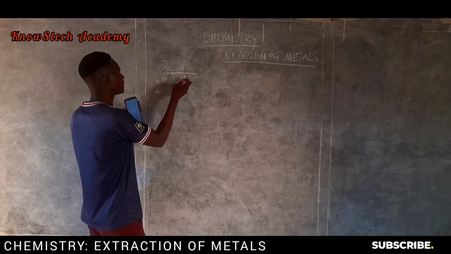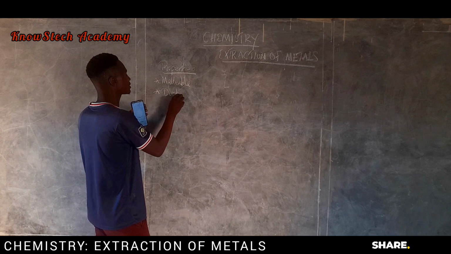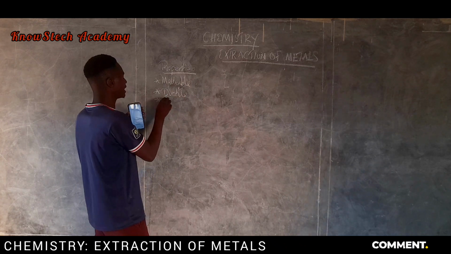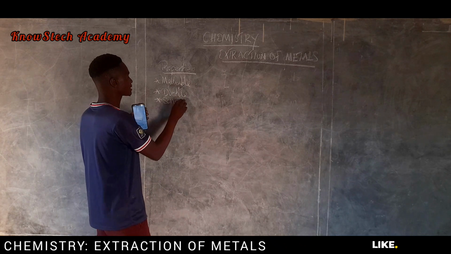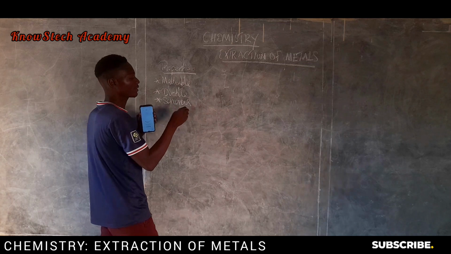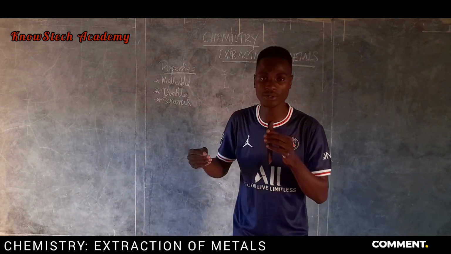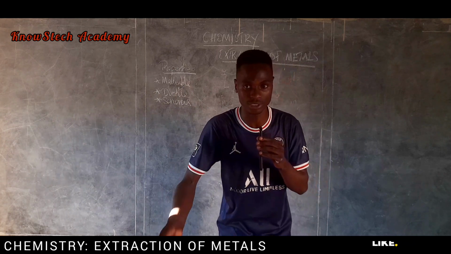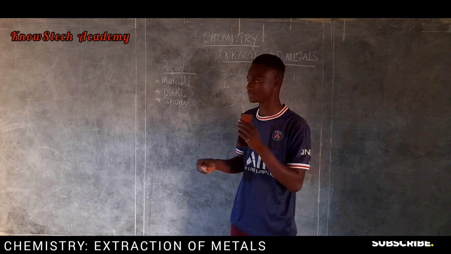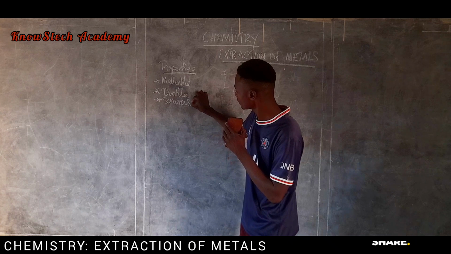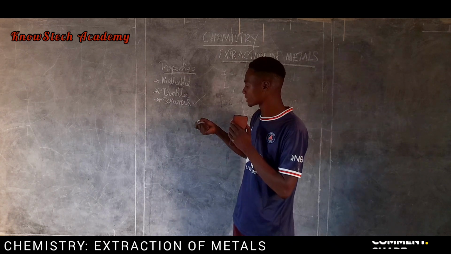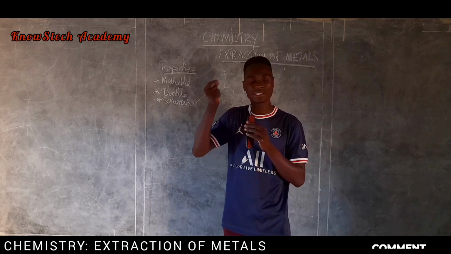So we have: they are malleable, they are ductile, they are sonorous. Sonority is the ability of metals to produce sound. When a metal is struck, it produces a high-pitched sound.